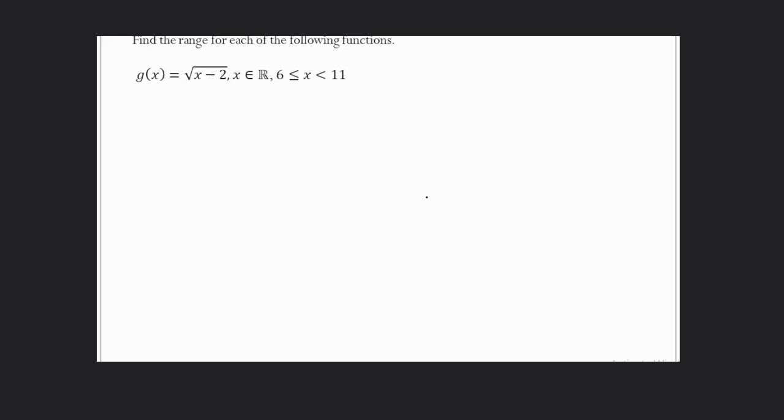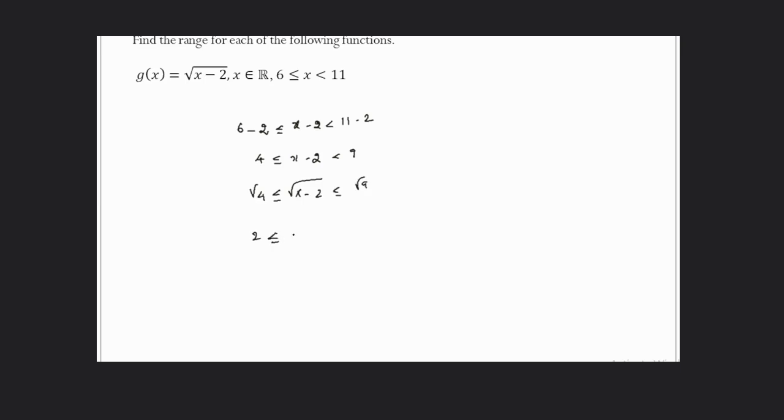The next question is g of x equal to square root of x minus 2. The domain is given as 6 to 11. Then we can easily do that. We just subtract 2 on both sides. That is 4 less than or equal to x minus 2 less than 9. Then we take the square root on both sides.